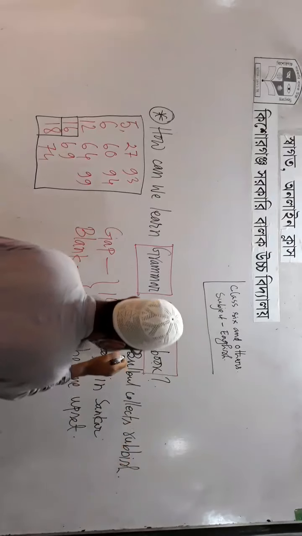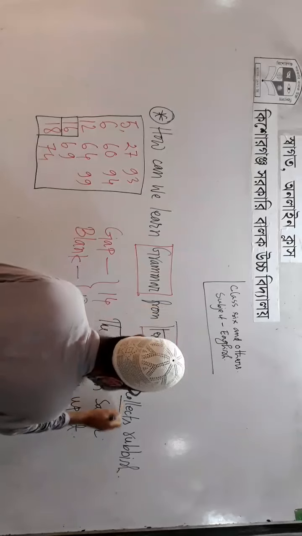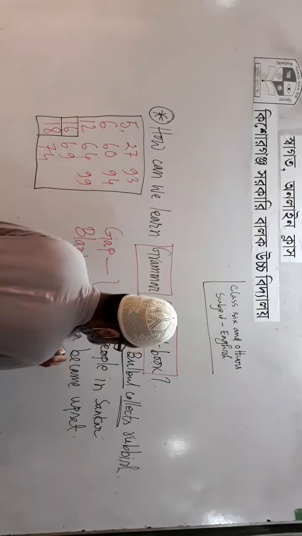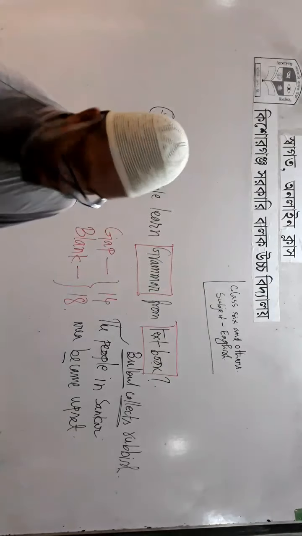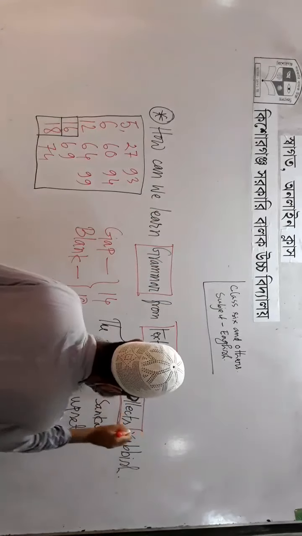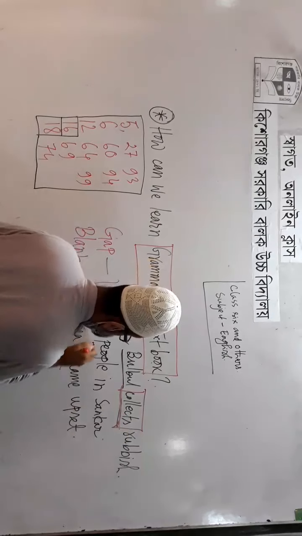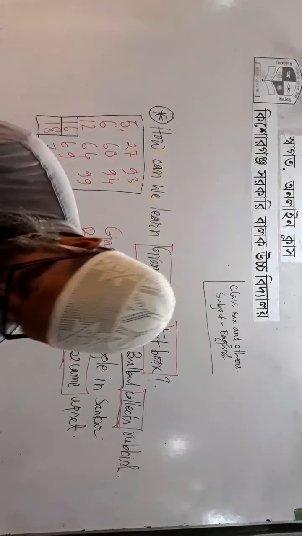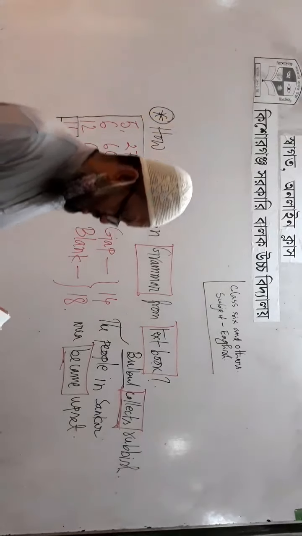See that? Here "Bulbul collects," here "the people in Shankar area became." If I show you here, collects, here became. Okay? In the two boxes, two tenses are indicated here.